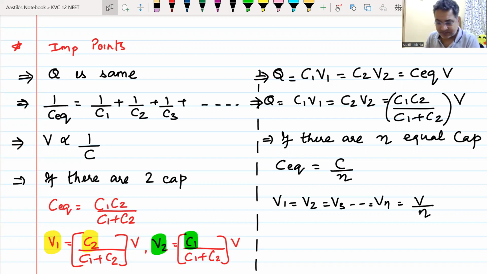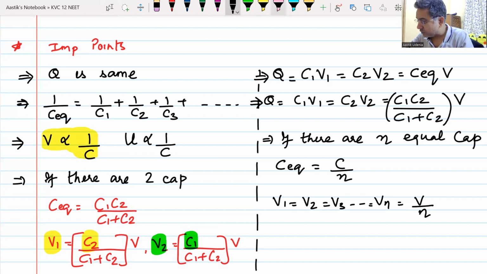Important points, we remember this. Now I just need you to add one or two important points here also. We had seen that the potential is inversely proportional to C. The energy stored in each capacitor in series is also inversely proportional to C. I've seen questions on this and I missed it in the previous class, so just add this note.